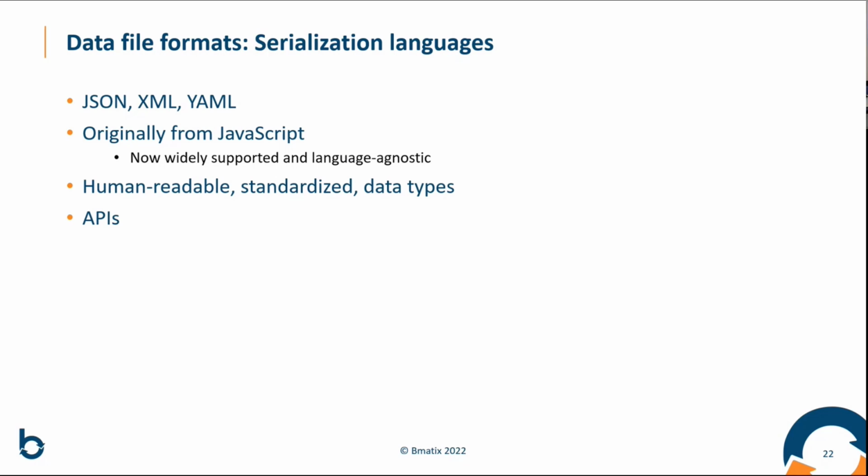I mentioned APIs because JSON originally harkened back to JavaScript, although it's now so widely accepted and used that almost all programming languages offer a way to work with JSON. When calling APIs, which is also often done in data engineering, the resulting data will often be in JSON.